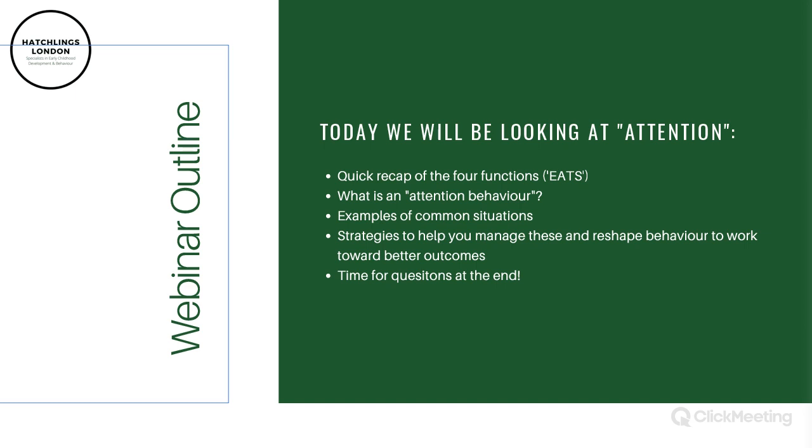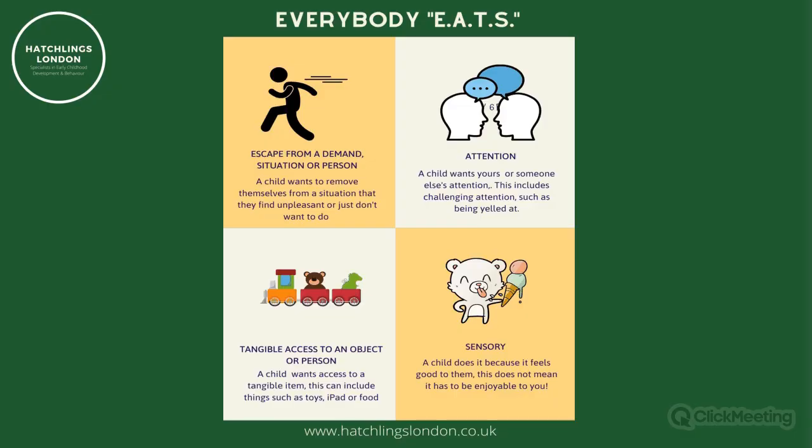So, the 4 functions of behaviour. Everybody EATS is the way that we remind ourselves what these 4 functions are. Another way to think of functions is as drivers, or the why of our behaviour. E stands for escape, escape from a demand, situation or person. A is for attention. A child wants yours or someone else's attention.